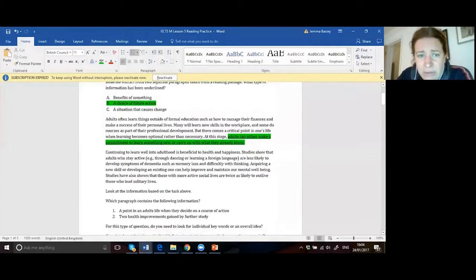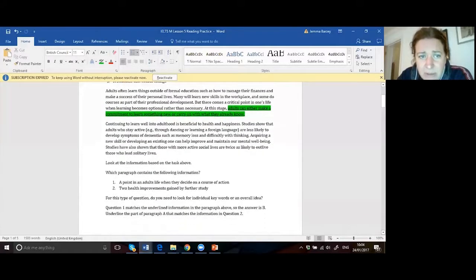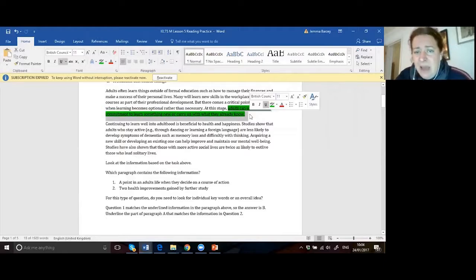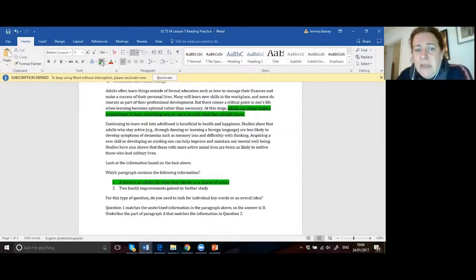Okay, so if I can scroll, I don't want to lose everything. If we scroll down and look at which paragraph contains the following information. So we know from seeing this last sentence that it's linking to point one, a point in an adult's life when they decide on a course of action or study, okay? Course of action.